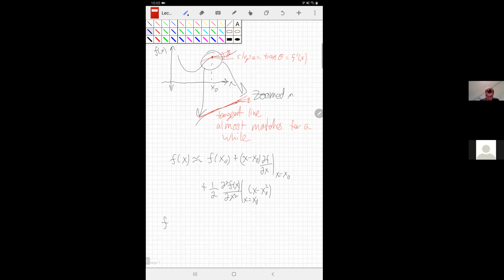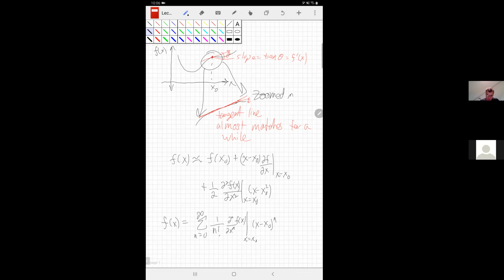And so what we say is that f of x is equal to the sum from n equals 0 to infinity of 1 over n factorial, partial to the n, partial x to the n, f of x, evaluated at x equals x naught times x minus x naught to the n.